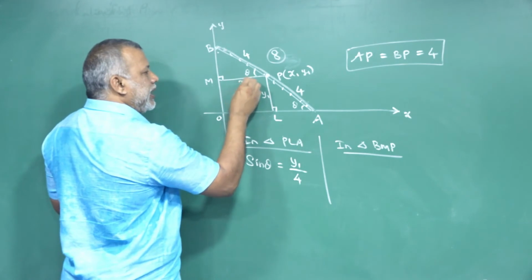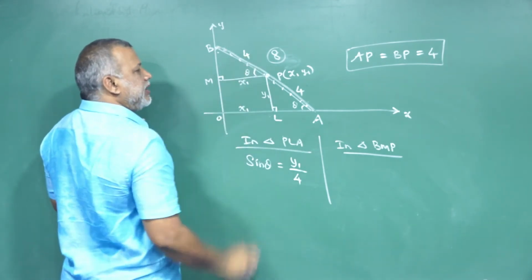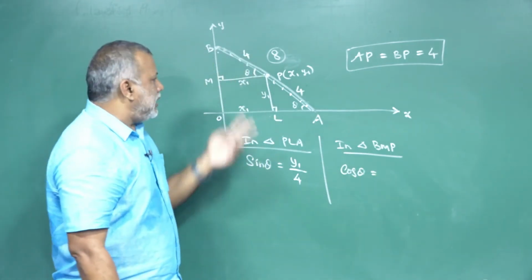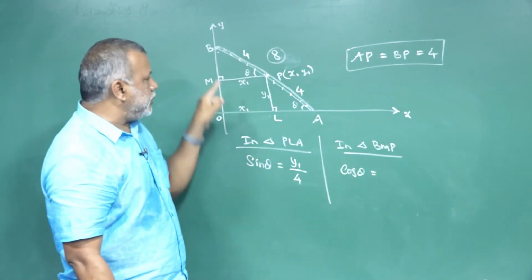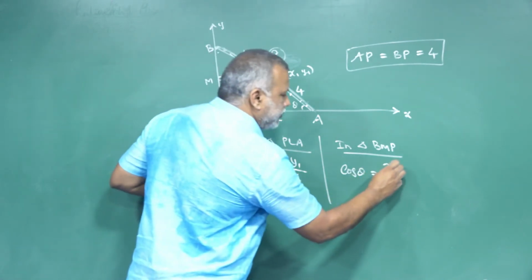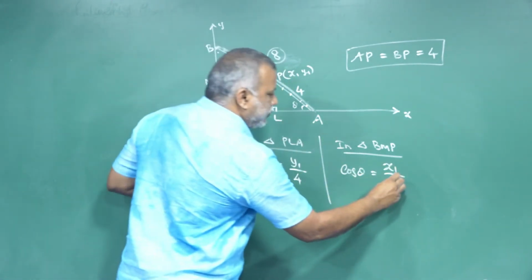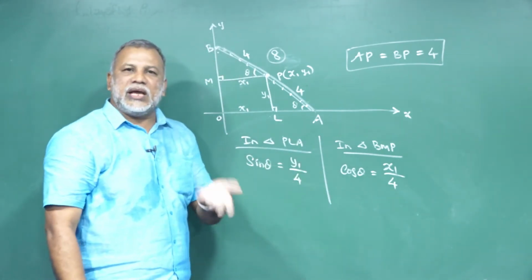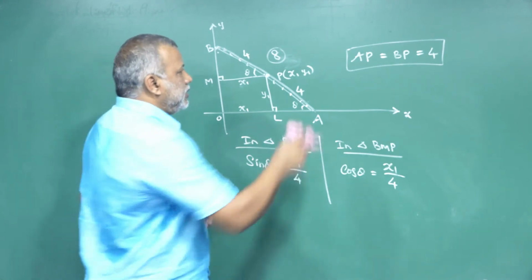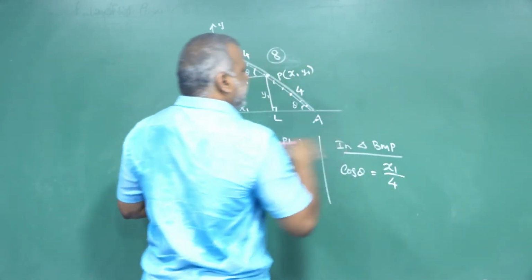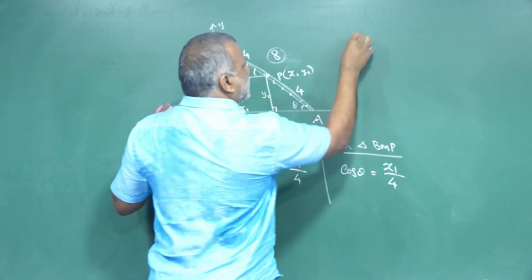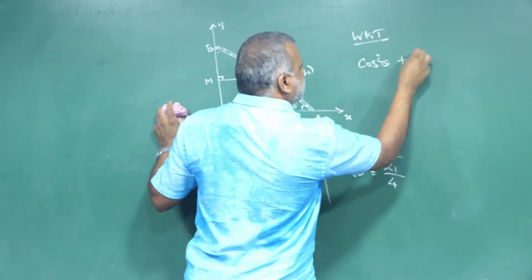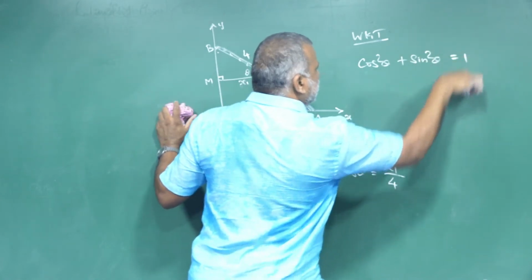Here this should be x1, adjacent divided by hypotenuse. We are able to find cos theta. What is the formula? Adjacent divided by hypotenuse. Here adjacent is x1, hypotenuse once again 4. So we have already derived the sine and cos family. What is the identity just now discussed? We know the identity: cos squared theta plus sine squared theta is equal to 1.